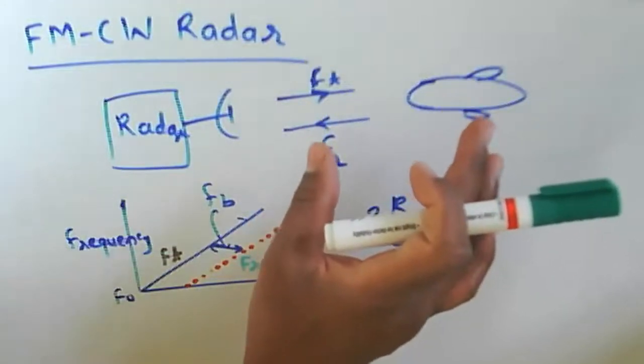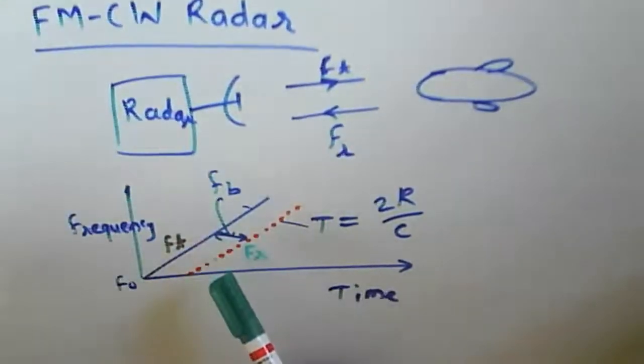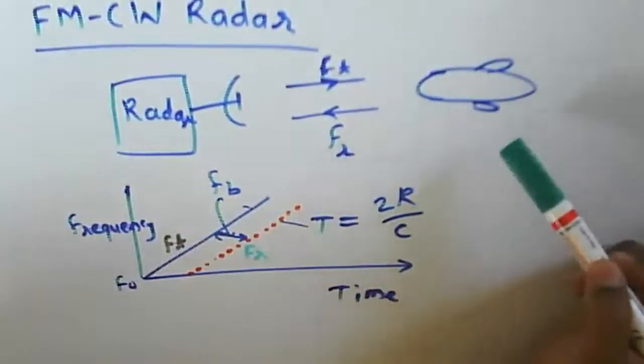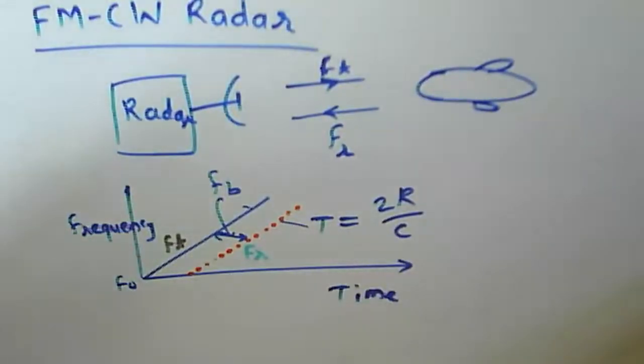In that case, we observe the beat frequency signal plus or minus the Doppler shift. So the total frequency of observation, we need to know what the transmit frequency and the receiving frequency are with respect to time.